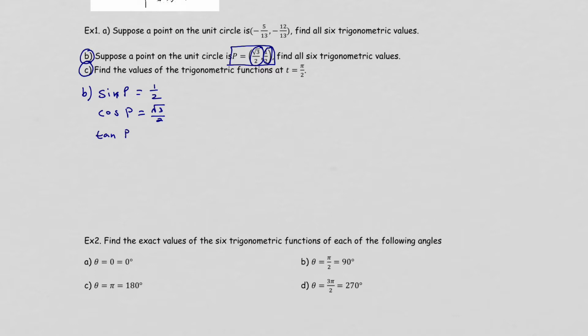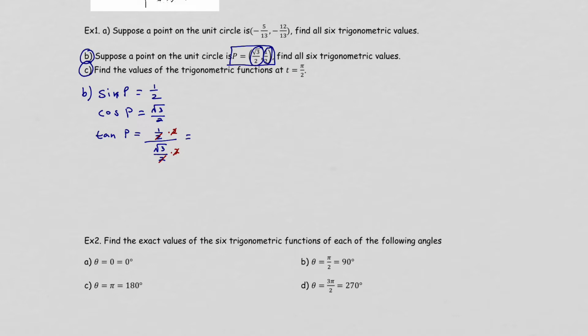Tangent P is going to be sine, which is y, over the x value. This is a fraction inside a fraction, so let's multiply numerator and denominator by 2 to get rid of the complex fraction.